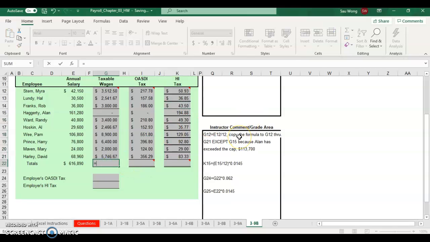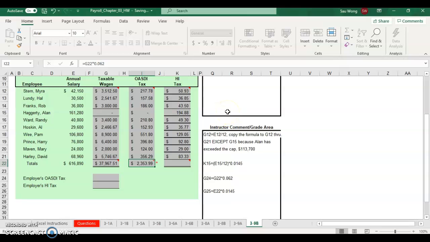And we need to sum up all the taxable wages, OASDI taxable wages, SUM, open bracket, G12 through G21, close bracket, hit enter.